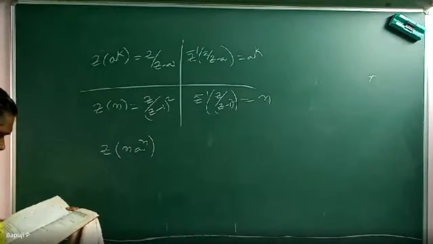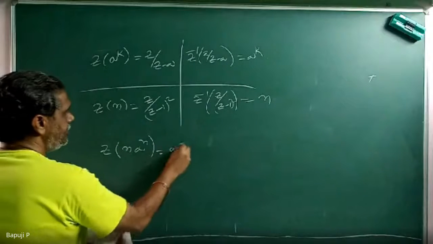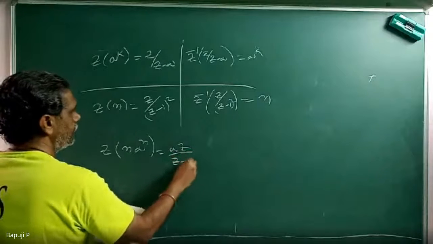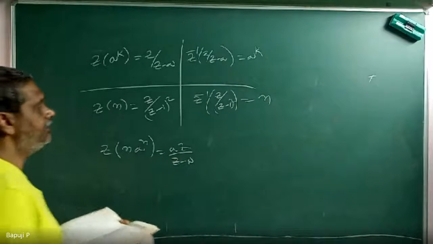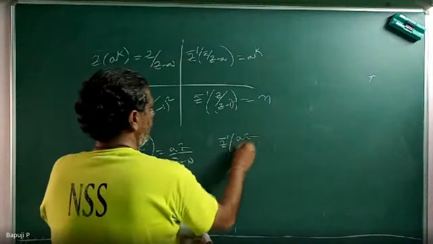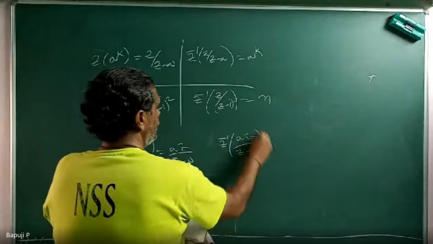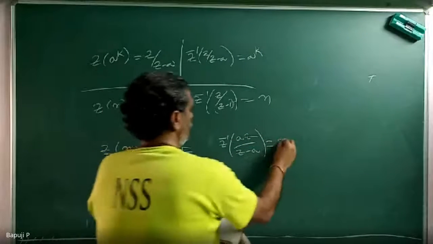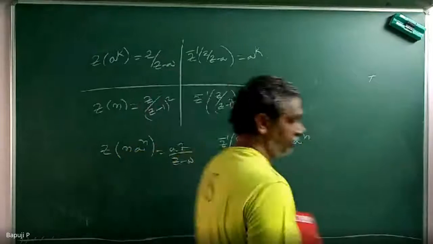Z of a to the power of n, what do you know? A z by z minus a. Similarly, how will you write this? Z inverse of a z by z minus a is what? n a to the power of n.